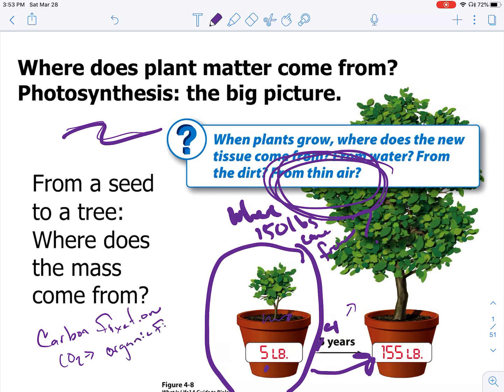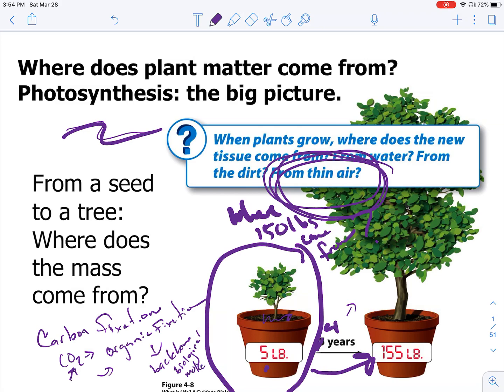And this process, I mean, it's not magical, but it is one of the most amazing processes in the biological world, in my opinion. Here you are taking an inorganic substance, carbon dioxide, and somehow making an organic substance, and this substance forms the backbone of all biological molecules. All right, so it's a really profound implication.